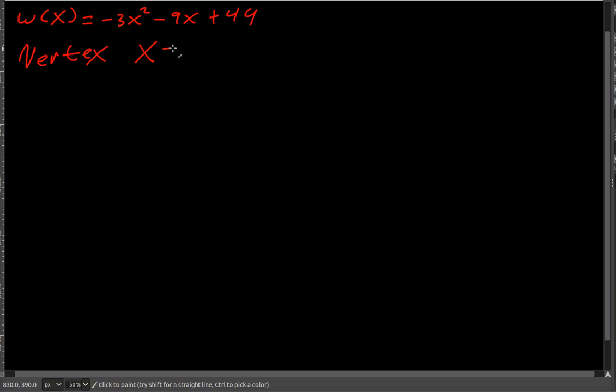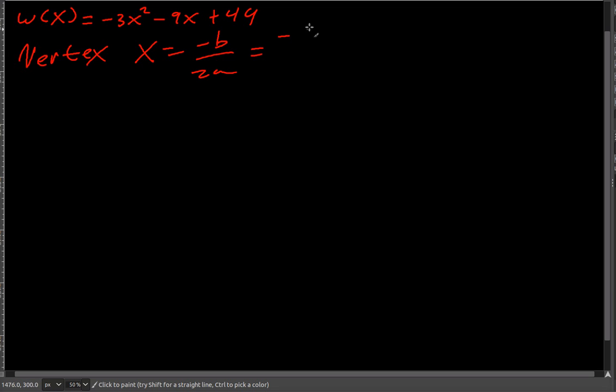Okay, so I'm going to look at the function w of x equals negative 3x squared minus 9x plus 49. Now, where's the vertex for this? Well, we can use the formula that we've been using: x equals negative b over 2a.